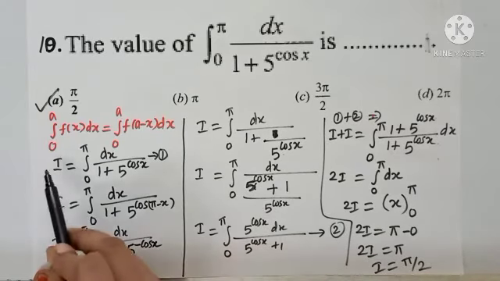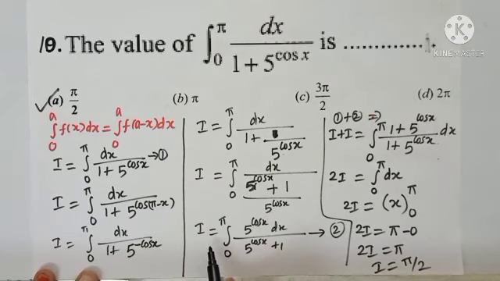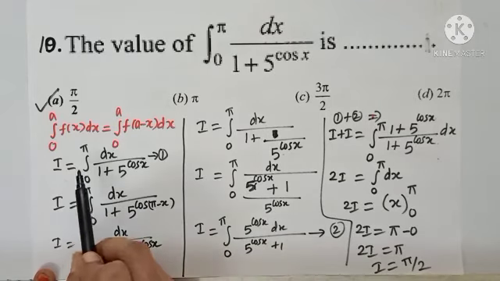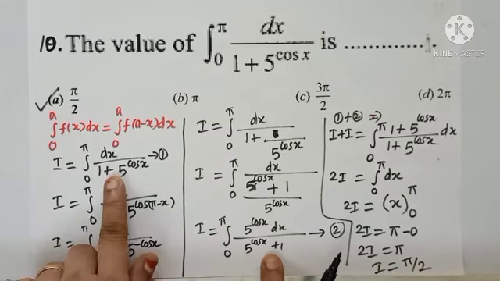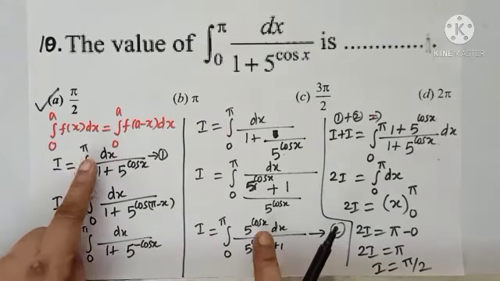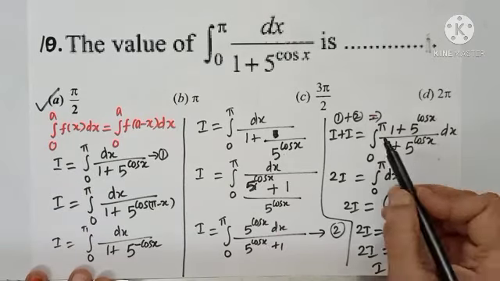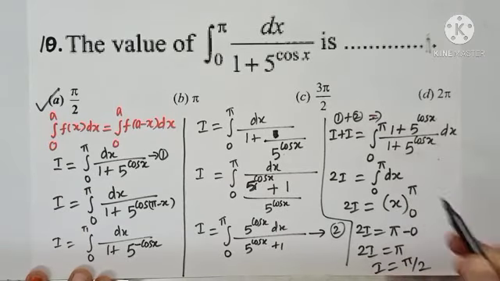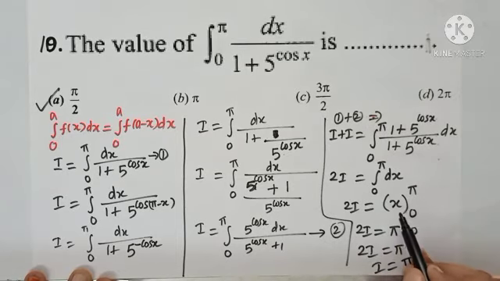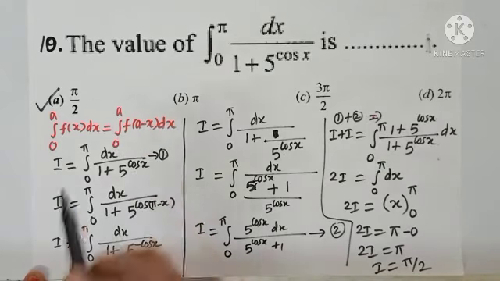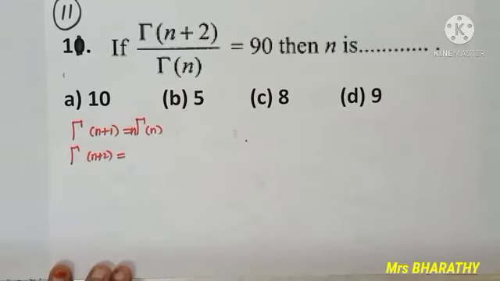Add 1 and 2, I plus I. The right hand side, integral limits no change. Denominator no change. So just add the numerators. As I add, I just cancel. We are left with dx. Integral dx is x. Put upper limit minus lower limit and the final answer is pi by 2.